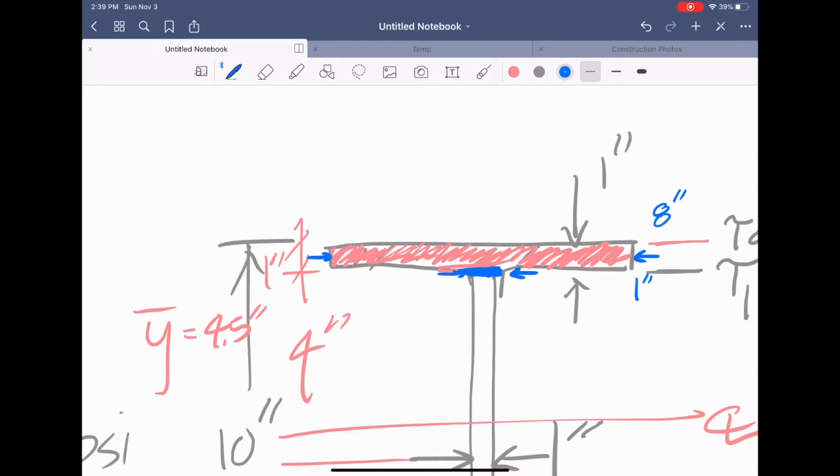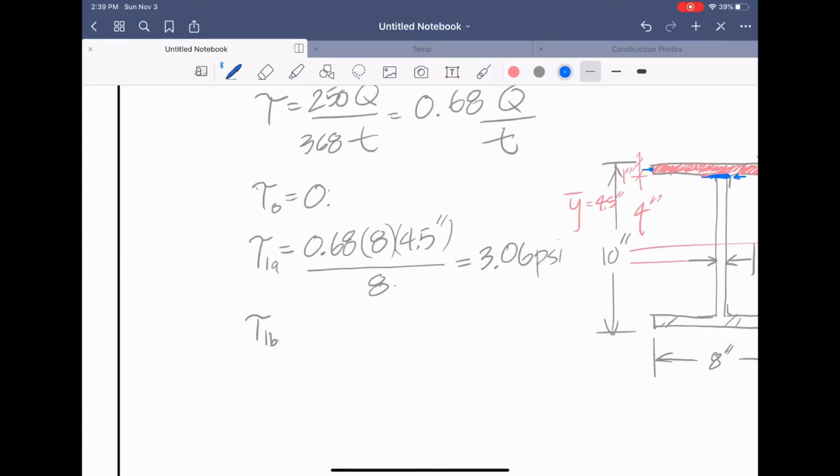Because theoretically at that point, the 8 and the 1 inch are at the same line. So we have to solve for it, and you'll see that our diagram will jog to account for it. So that's equal to 0.68, the Q is the same, 4.5. The difference is that t becomes 1 instead of 8, so you'll get that to be increased to 24.48 PSI.